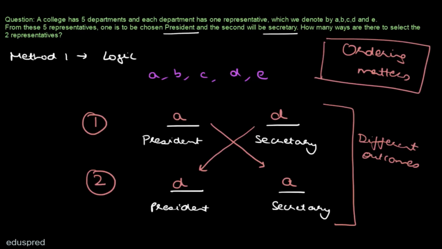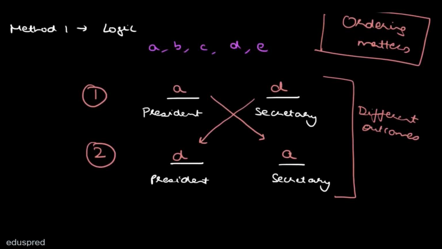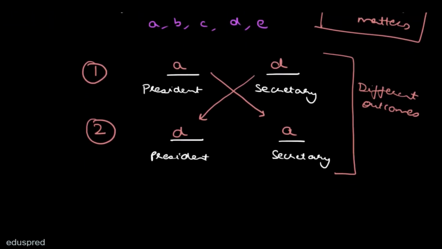Now after finding that the ordering of the outcome matters, let's see in how many ways we can select 2 representatives out of the 5 representatives. Because we have to select 2 representatives, let's make 2 slots here. This one is for president and this one is for secretary. Out of these 5 representatives, any representative can become a president. So there are 5 ways to fill this slot.